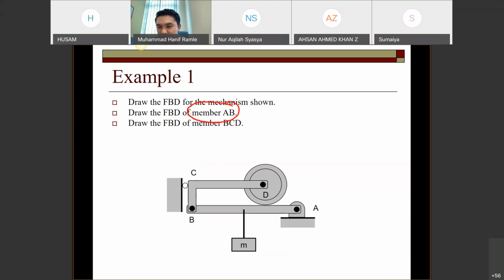Intan, what is the first step we should do before we can identify the external forces and the internal forces?